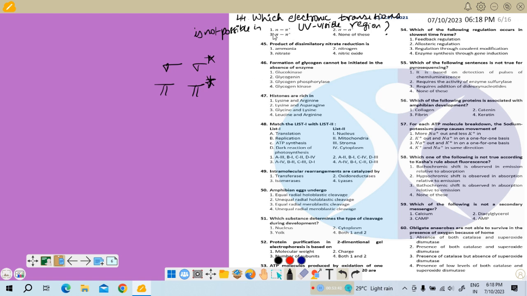N to pi star is in C double bond O. Then sigma to sigma star is in C-C. Then pi to pi star is in C double bond C. Basically the answer is none of these.